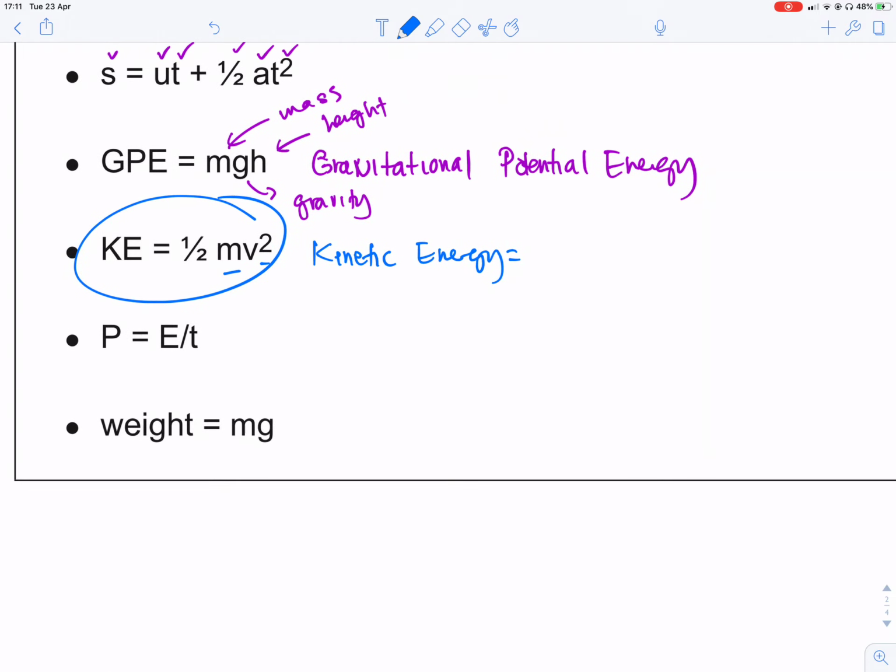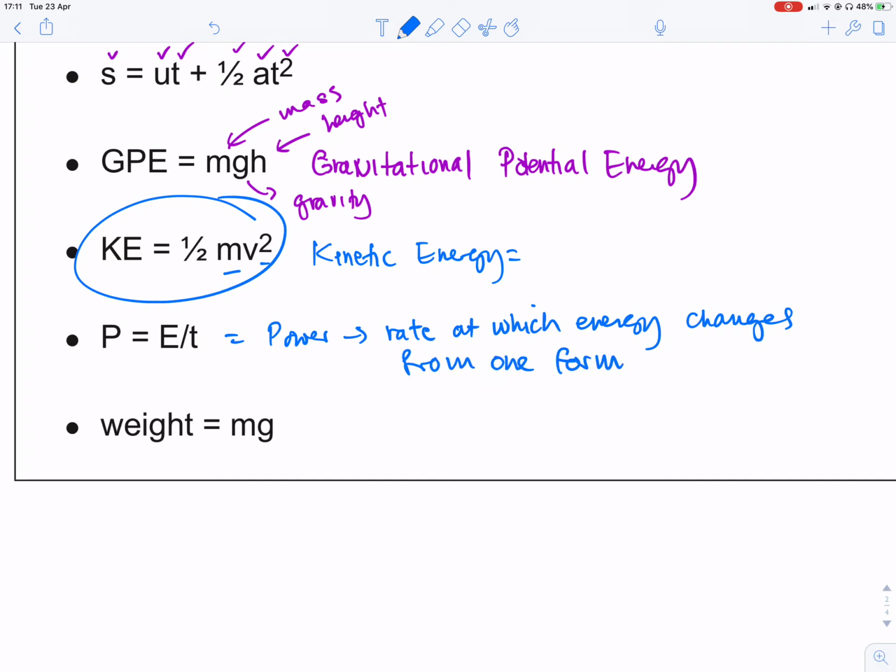Then we have P equals E over T, which basically is power, the rate at which energy is used, the rate at which energy changes from one form to another, right?